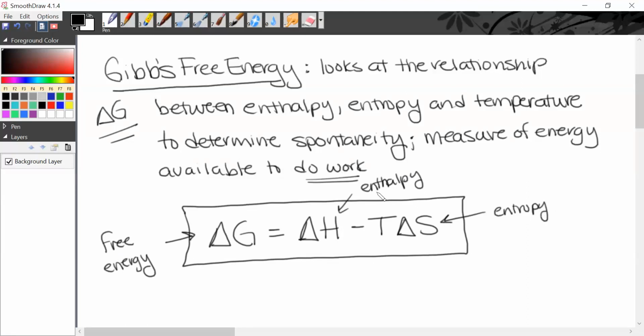Now, when we were working with these values yesterday, enthalpies are typically in kilojoules and entropies are typically in joules per Kelvin. So if you're going to use this equation, you've got to make sure you convert. Obviously your temperature must be in Kelvin, and you'll probably need to convert your entropy from joules to kilojoules, so that you can get a free energy in kilojoules.